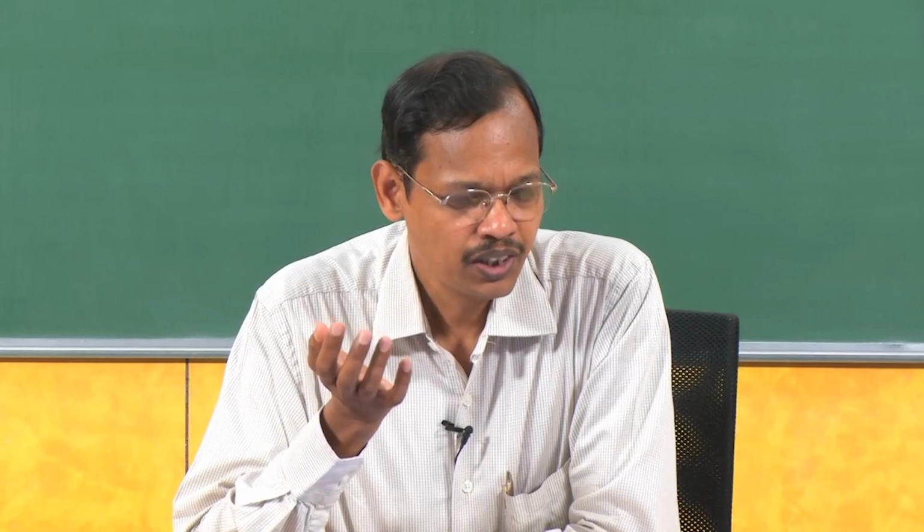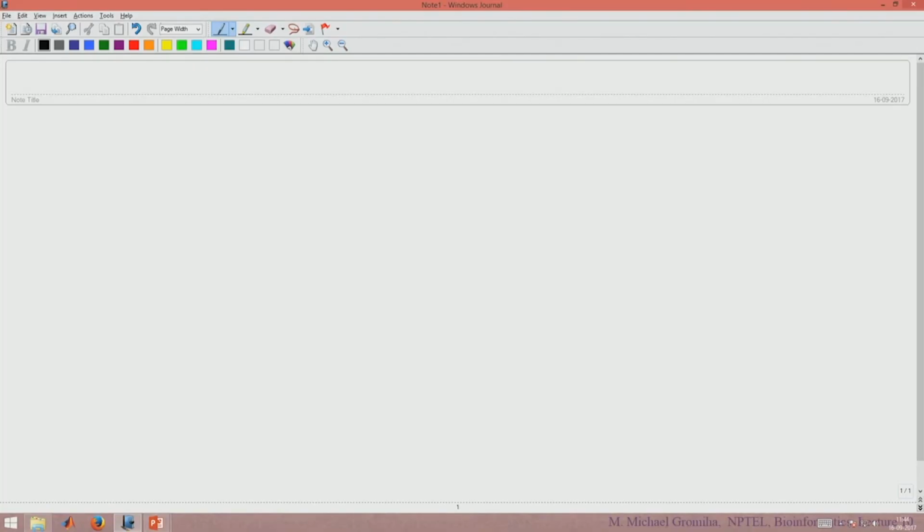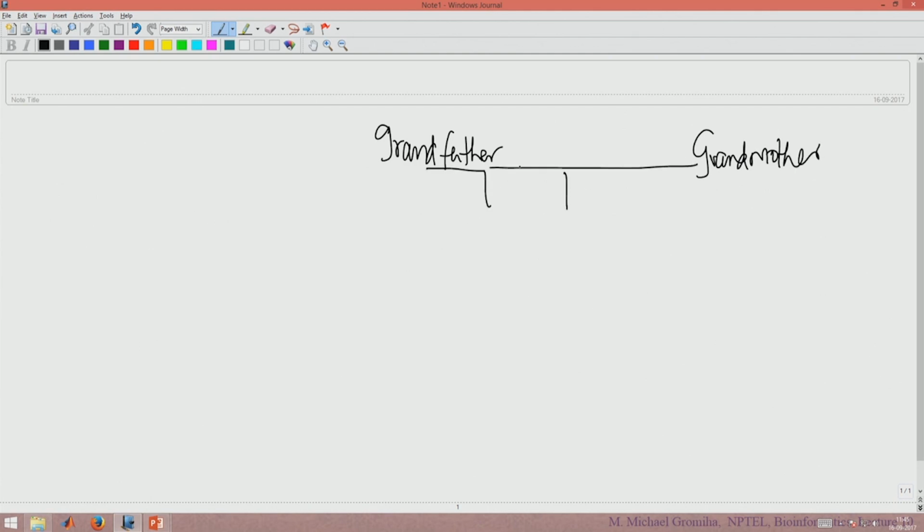the form of a tree. For example, if you take the human genealogy, say the grandfather here, grandmother, so they have several children. So, now you see he is the father, and likewise from the mother's side you can get the mother.